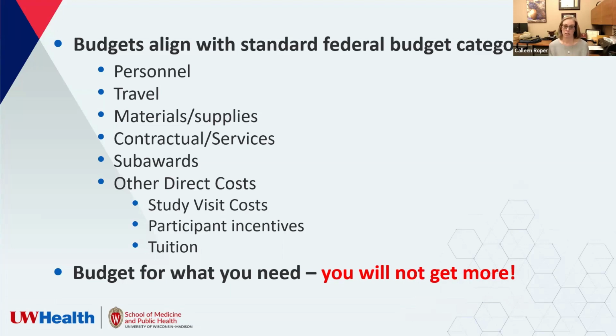You won't get more money if something happens and you overpay or underpay or need to shift your research plan. When you come back to your federal sponsor, they're going to say, well, how are you going to shift your budget to make this work? Because they don't intend to give you more money for it. So know to budget for everything that you need.